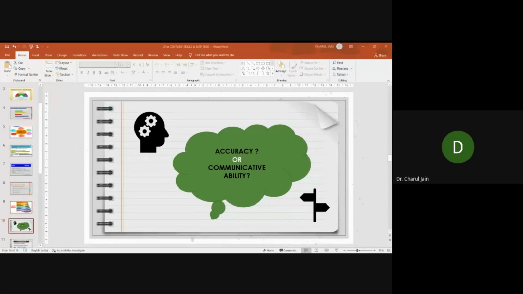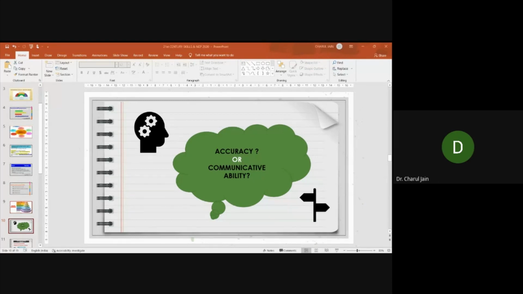Yes, Dr. Meenakshi Kulkarni says communicative ability should be given a little bit more importance than accuracy. Once the communicative ability is there, then the accuracy will come automatically.